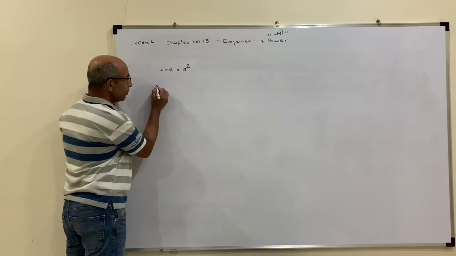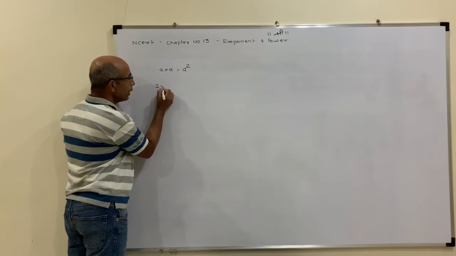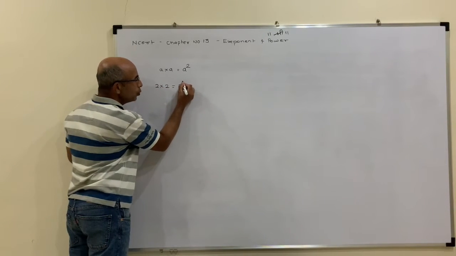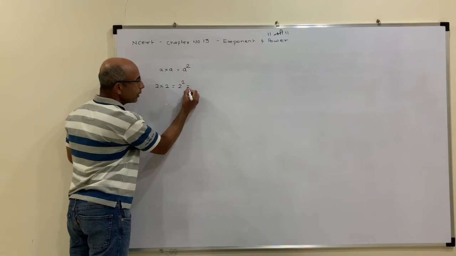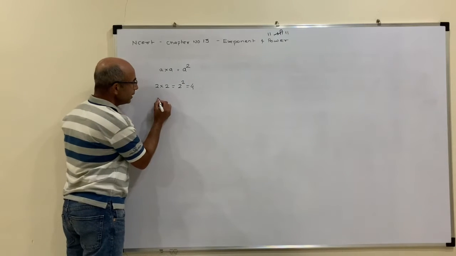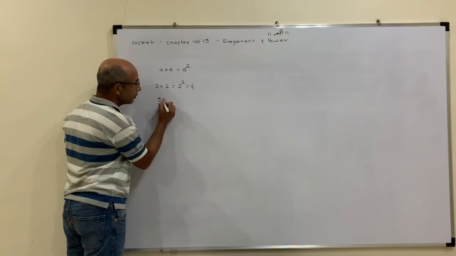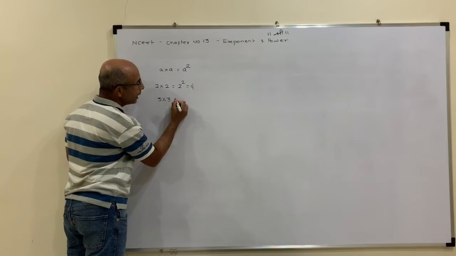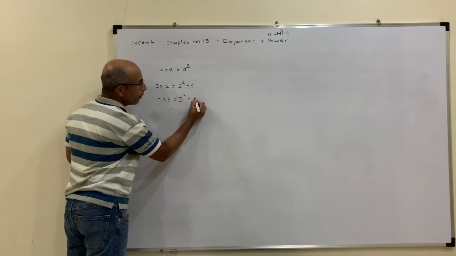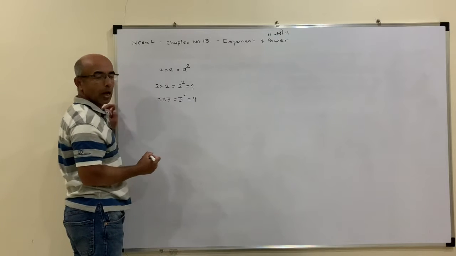Say 2 into 2 is equal to 2 square, and the value comes out to be 4. Similarly, when we multiply 3 by itself, it becomes 3 square, and the value comes out to be 9.